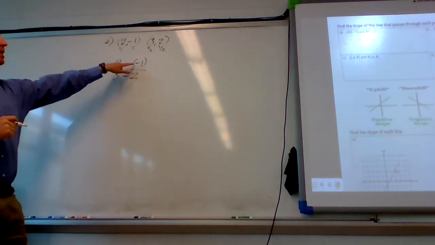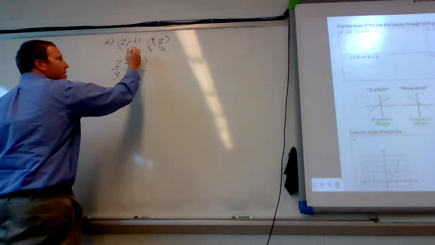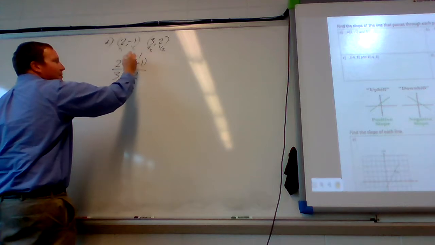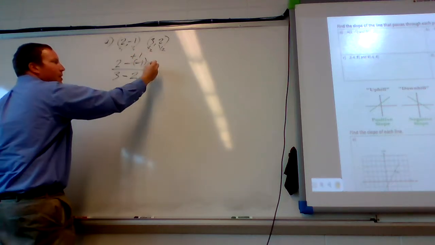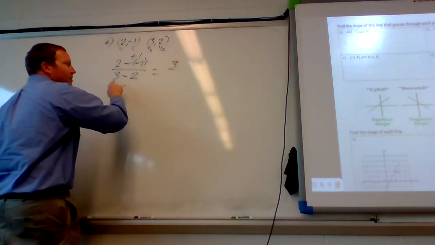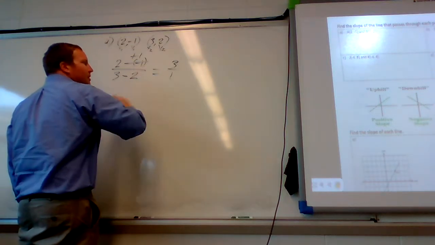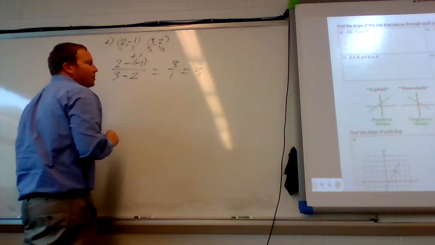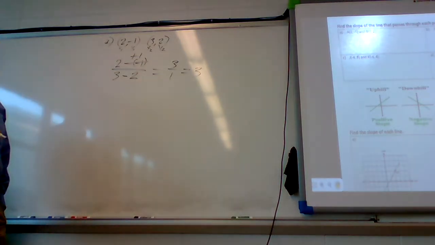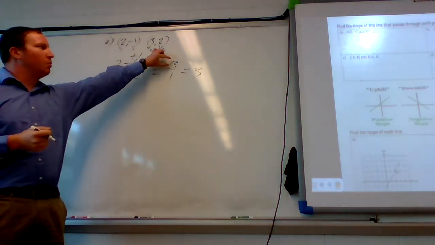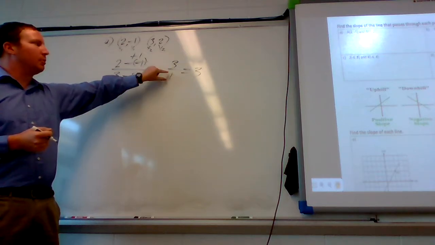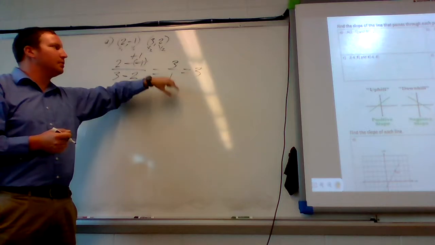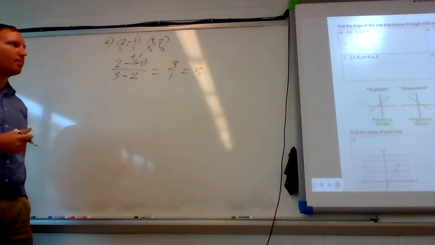Now remember, when you subtract a negative number, you can really think of it as a negative times a negative, it's going to give us a positive 1. So 2 plus 1 gives us 3, 3 minus 2 gives us 1, 3 divided by 1, we have a slope of 3. And again, we can think about it, we're going up 3 units, and we're moving to the right 1 unit.